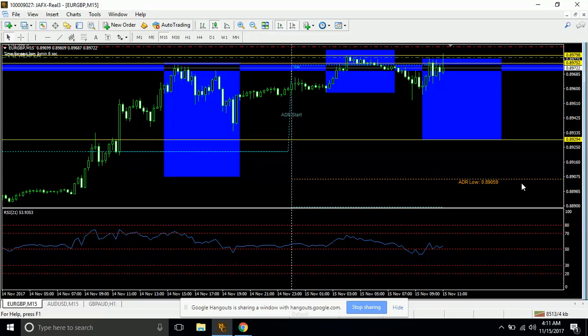So they're stuck at the absolute worst position you could possibly be in on the euro pound for the week. The very, very top. And that is the worst place to be when you're going the wrong way. Worst place to be is at the top when you're buying. Worst place to be is at the bottom when you're selling.